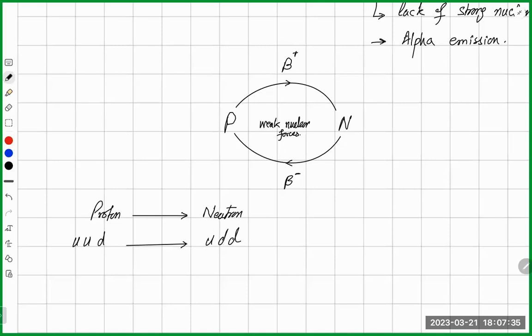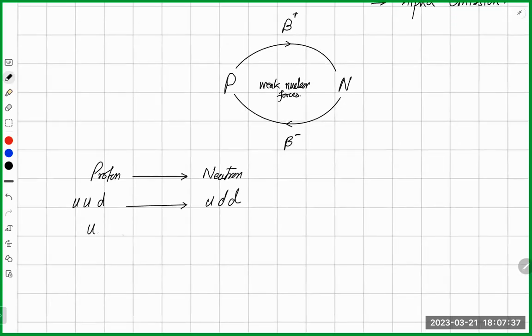So actually, an up converts into down. So a positive thing is converting into negative thing. It means it will release beta plus.